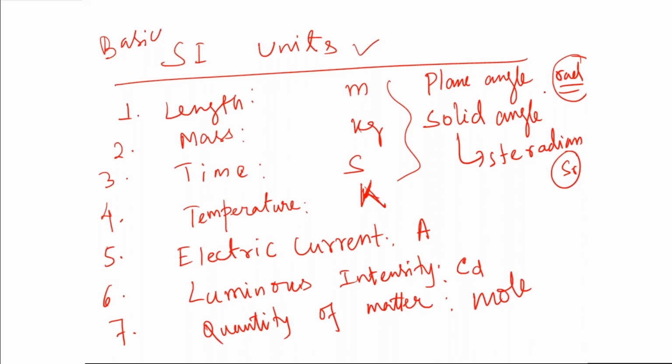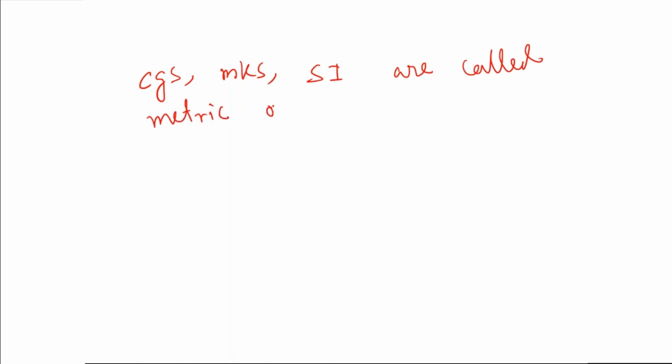These three systems of units, CGS, MKS and SI, are called metric or decimal systems of units.